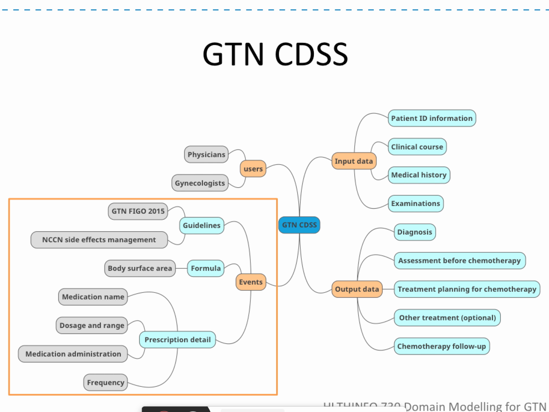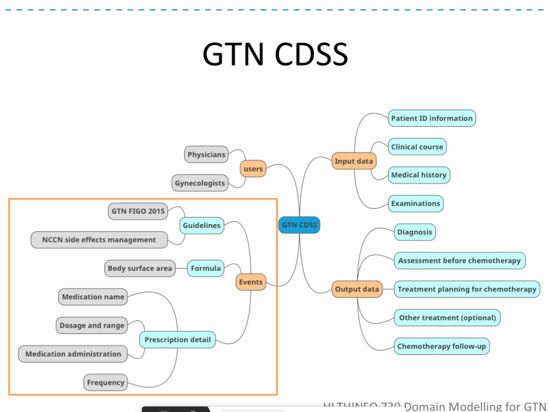I hope there are updated guidelines and high-quality medical evidence in my system, which can be used to support output data and train doctors. So I put guidelines like the FIGO guideline and NCCN side effects management guidelines, as well as useful formulas and prescription details here.